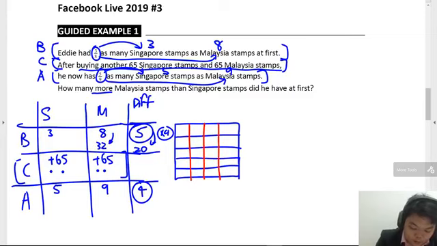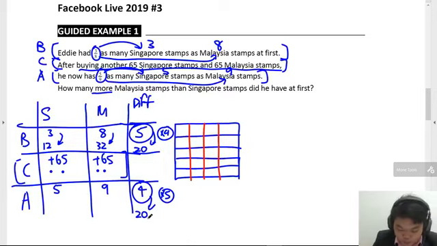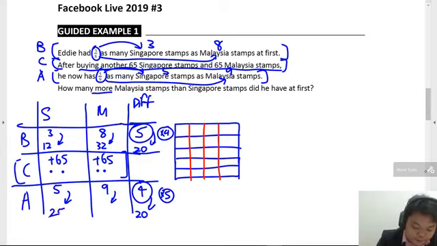So this becomes 32 and this becomes 12. Over here, you want to multiply this by 5 so that this becomes 20 as well. Get them to the lowest common multiple. And when you do that, the entire row needs to be multiplied by 5. Okay?